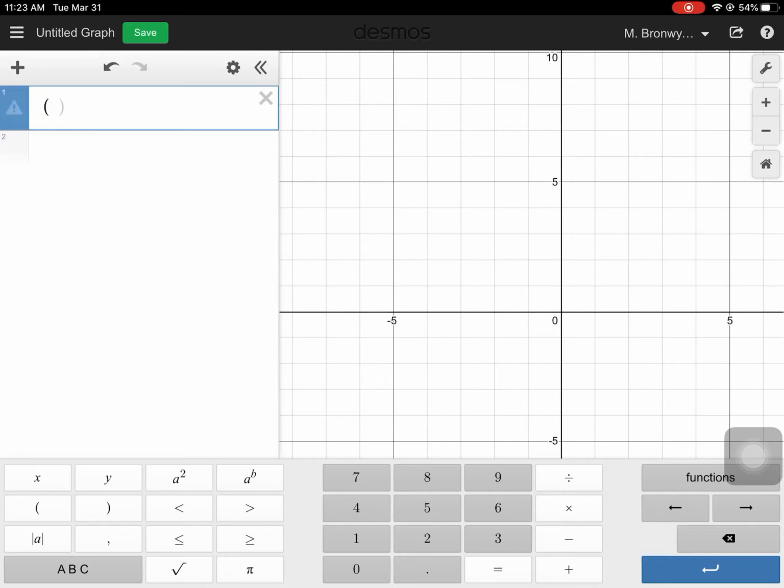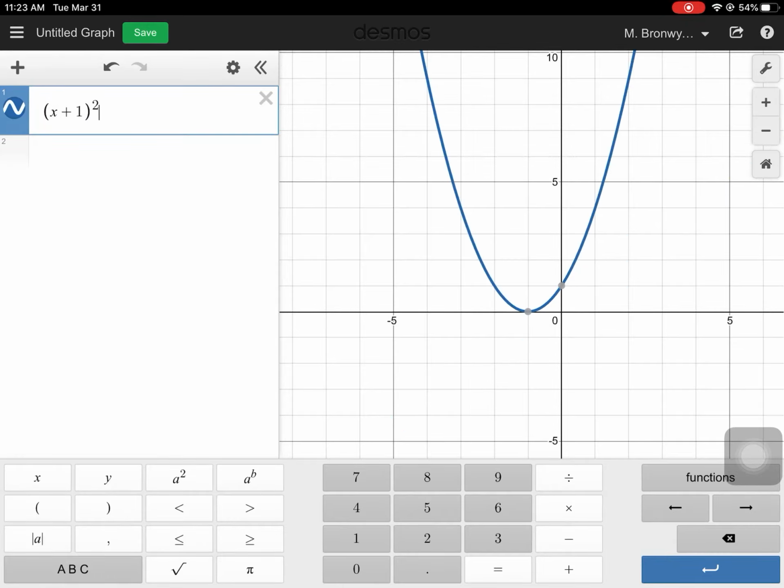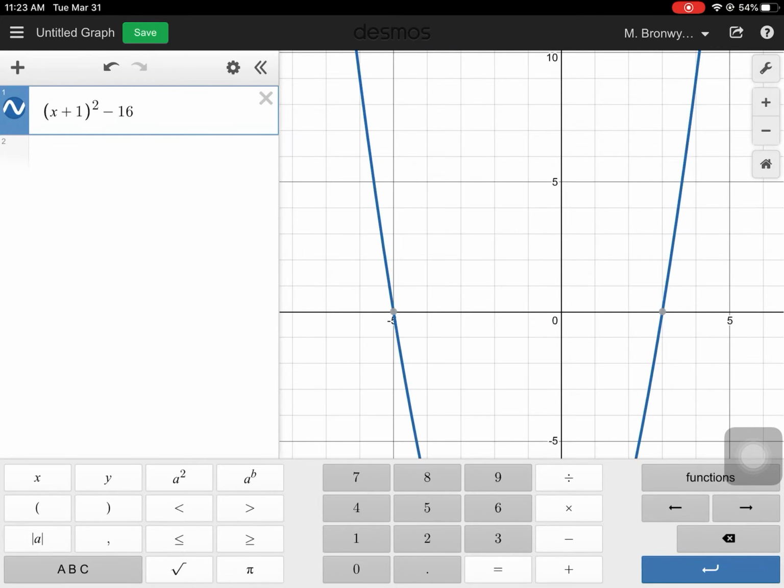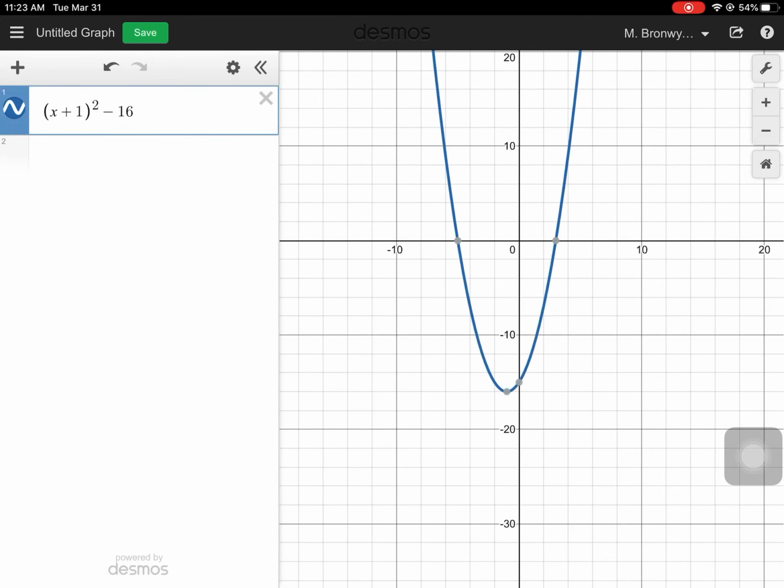Let's go ahead and clear out some of these other ones. So I'm going to look at the quantity x plus 1 squared minus 16. And when I look at my key points, I've got my vertex at (-1, -16), which we already knew. I've got my y-intercept at (0, -15).